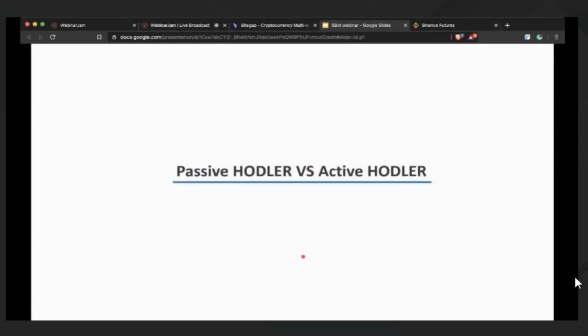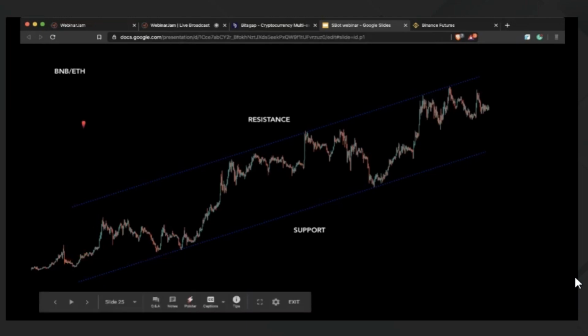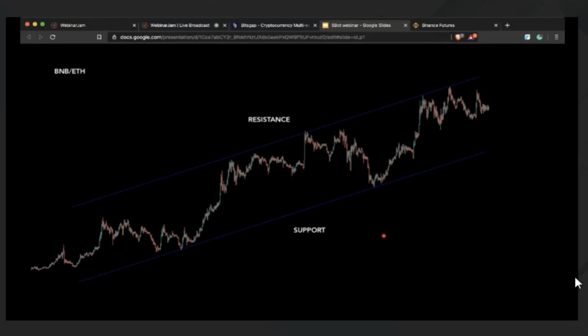But you have to ask yourself, are you a passive or active hodler? The difference is that active hodlers, all right, they don't just buy the base currency and then expect the price appreciation. They use automated trading bots like Sbot, Classic Bot, or Scalper, so that while the price is moving upwards, the bot is making extra profit for you.